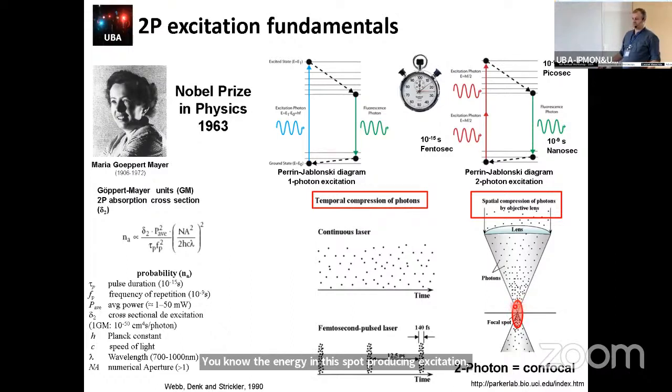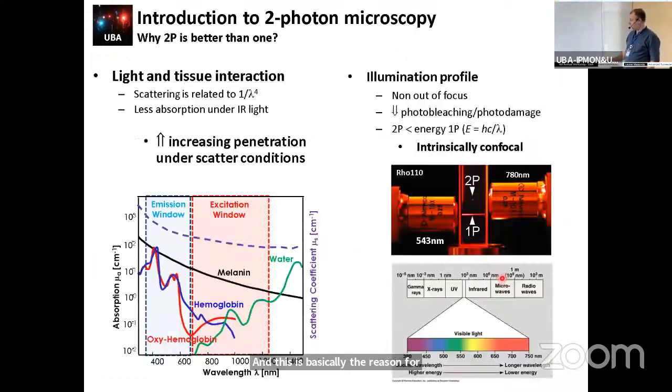And this tells something very important about two-photon excitation, which is that two-photon excitation is intrinsically confocal. Because in any other place, before or after this spot, you don't have enough energy concentrated in time and in space in order to produce excitation. And this is basically the reason why two-photon is very, very powerful.